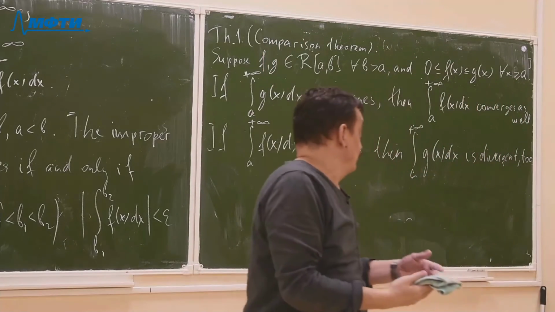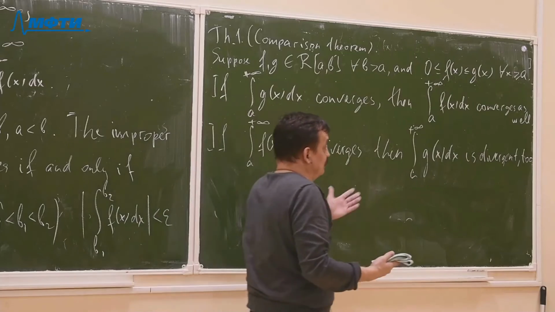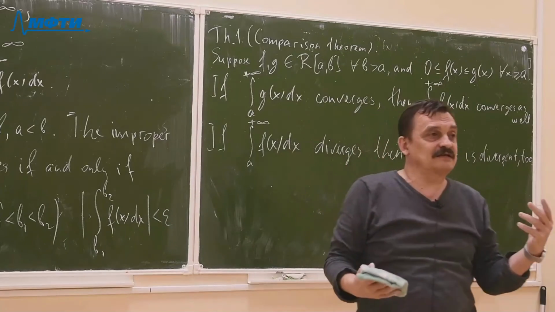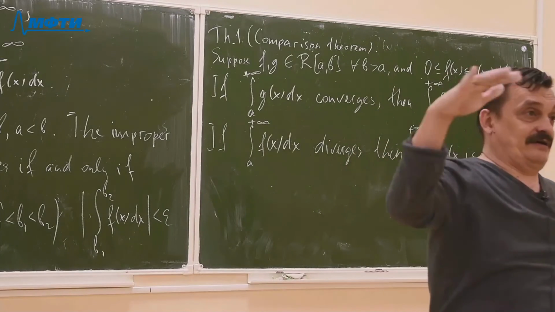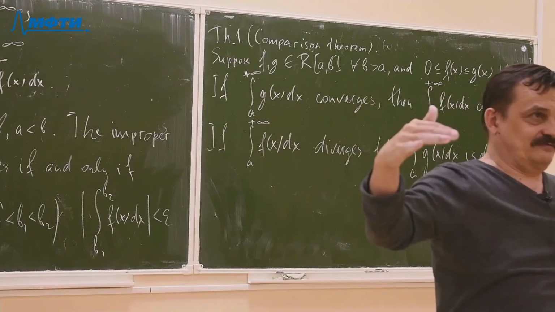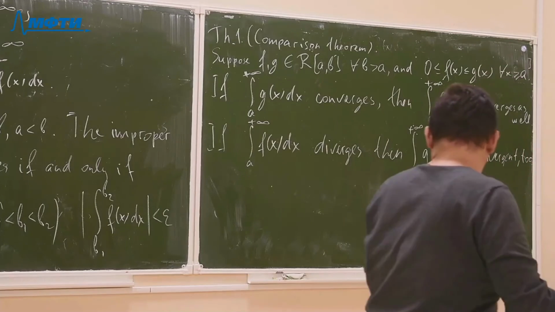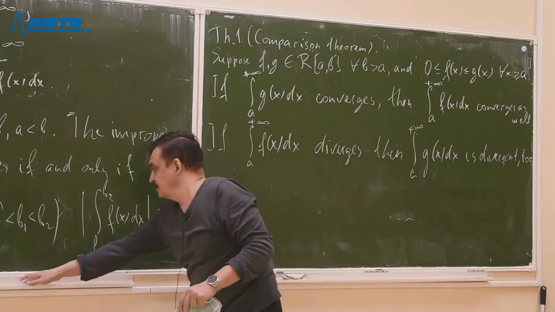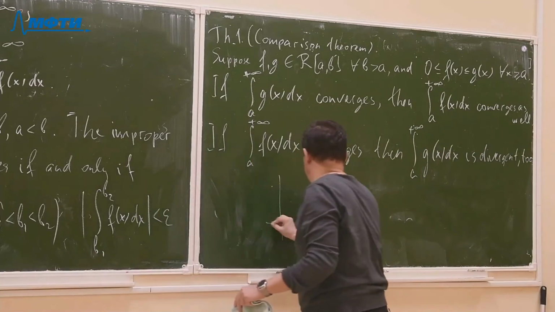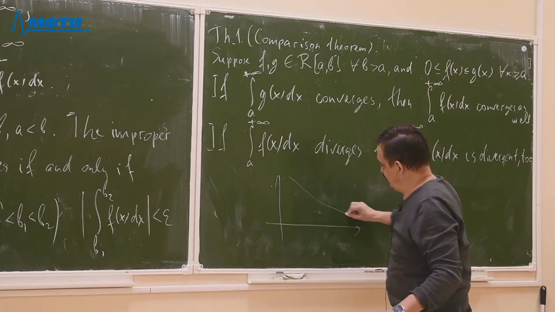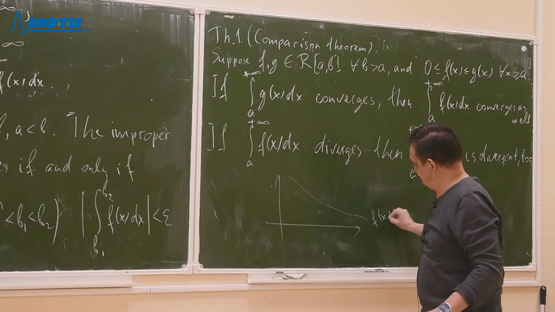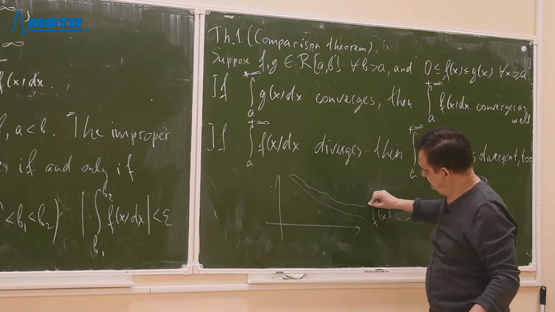So, why? Because, recall, the integral is the area under the graph, right? So, look, we have one function f of x and another function g of x.